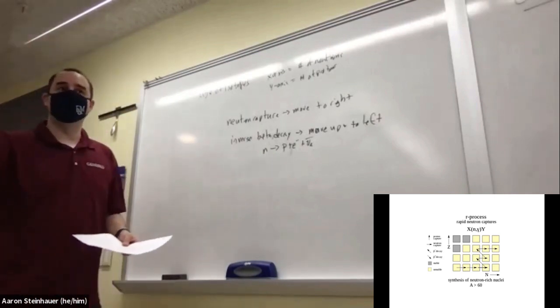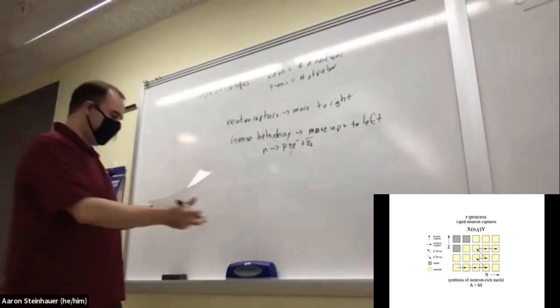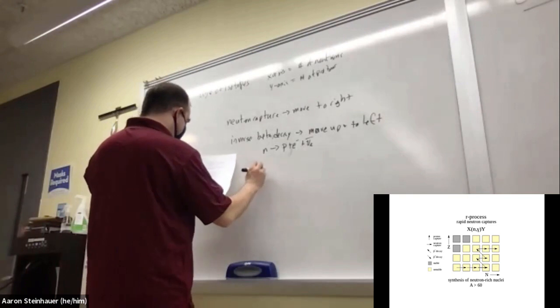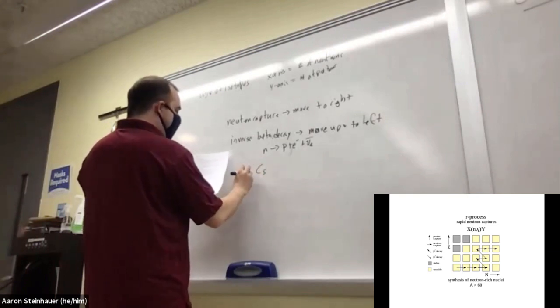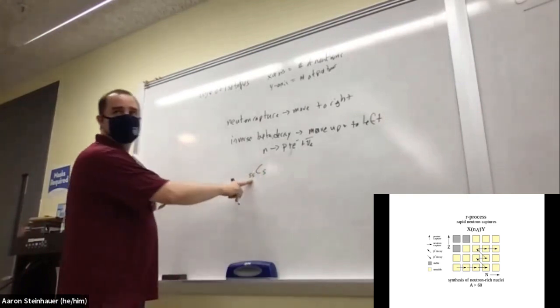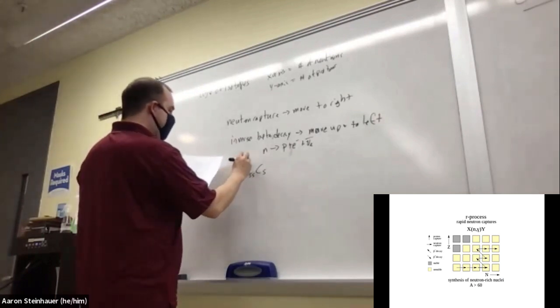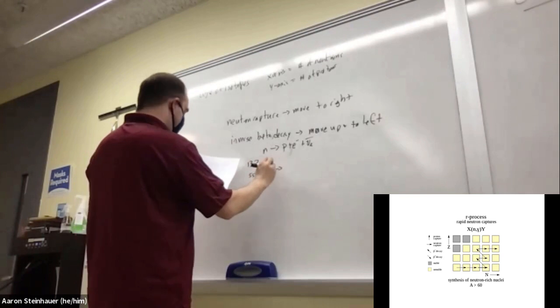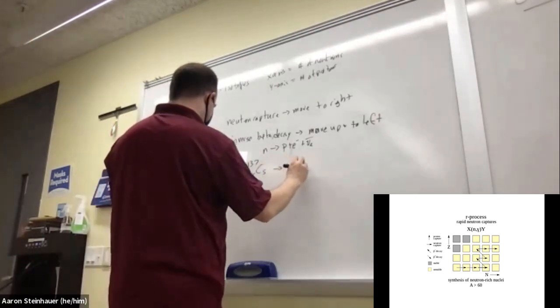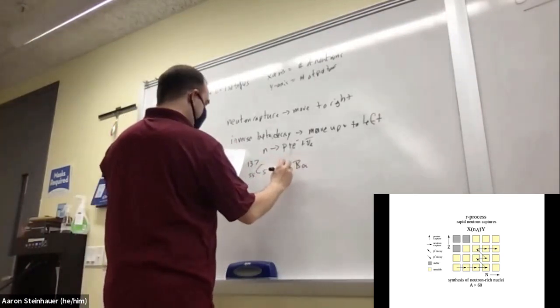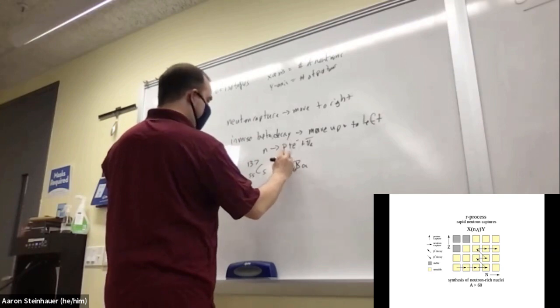Just to give you an example of one of these inverse beta decays for an actual element, you might have cesium, and I'm going to put both numbers here because I don't know the atomic number of cesium off the top of my head. It's 55, 137. It will inverse beta decay into barium, 56, 137.